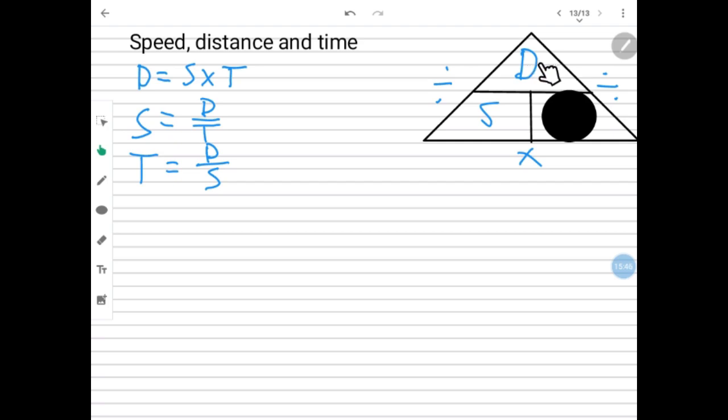Right, let's do an example. So, let's say example 1. Let's say you travel, no, not you, your friend. Your friend travels to Polokwane, and it takes him 5 hours.